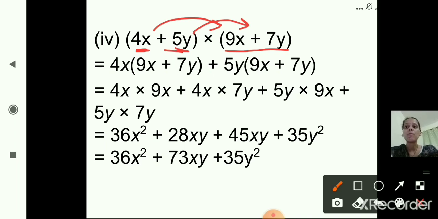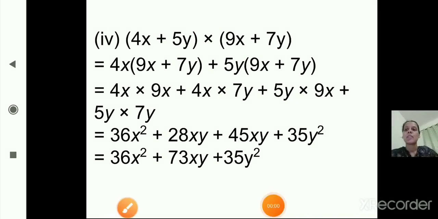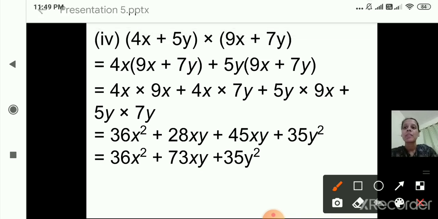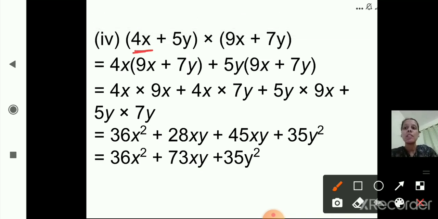So plus 5y multiplied by 9x plus 7y. So this is the first step.